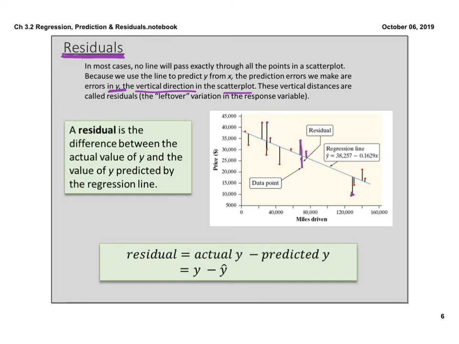X is your explanatory variable, x is always there. So we're talking about the vertical distance away from the line in the y variable. These vertical distances are called residuals, or in other words, the leftover variation from the response variable. So the residual is the difference between the actual value of y and the predicted value of y.